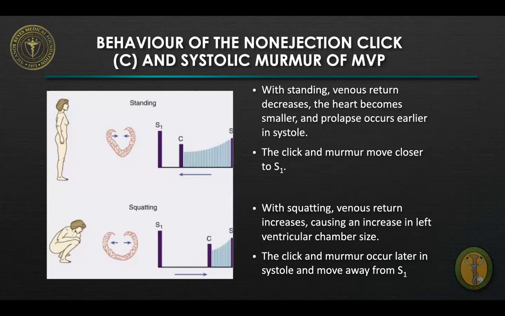As seen in the figure, we can see here the behavior of the non-ejection click, C, and systolic murmur of MVP. With standing, venous return decreases. The heart becomes smaller and prolapse occurs earlier in systole. The click and murmur move closer to S1. With squatting, venous return increases, causing an increase in left ventricular chamber size.